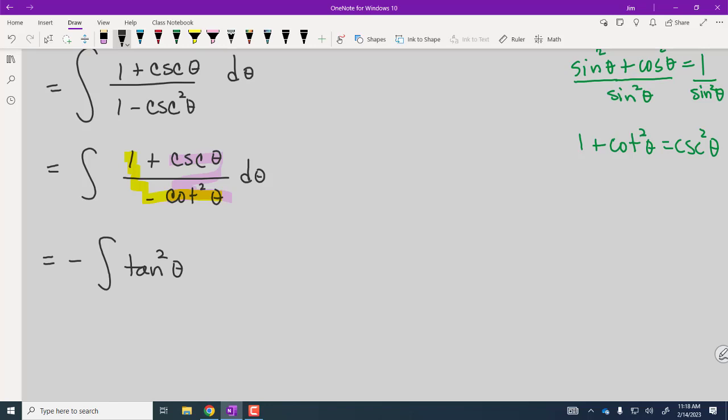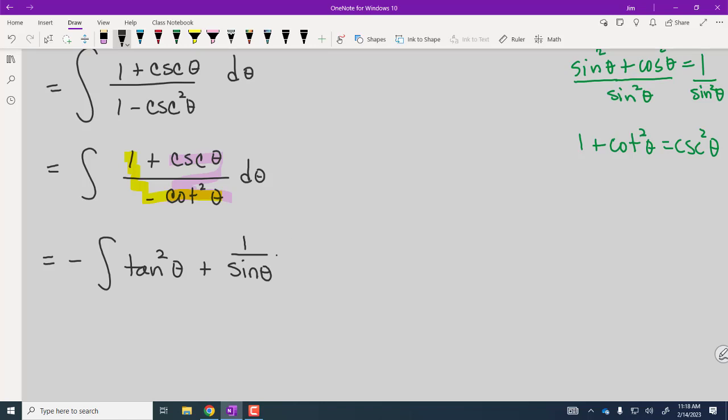Another thing we could do is change everything to sines and cosines. That's also a totally legitimate option. Maybe that's even better, because this division here looks a little messy. Doesn't matter. So that minus is pulled out in front, so it's not there. Let's write it this way. So we have 1 over sine in the numerator. And if we divide by cotangent squared, that means multiply by the reciprocal.